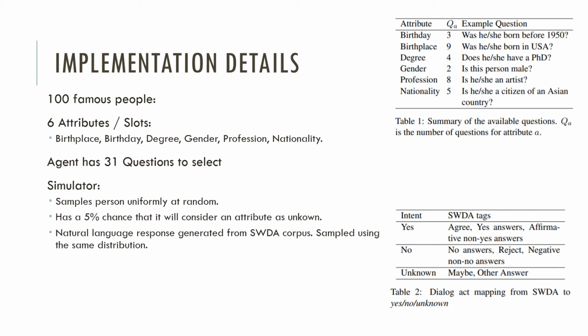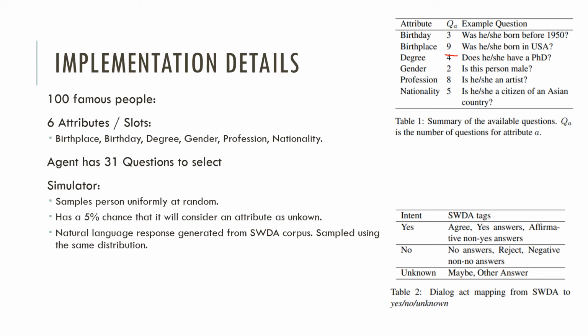And the agent has 31 different questions to choose from at each step. The figure on the top right gives you a summary of the available questions. For each attribute, the corresponding number of questions is given by this column here, QA, and an example question is provided.